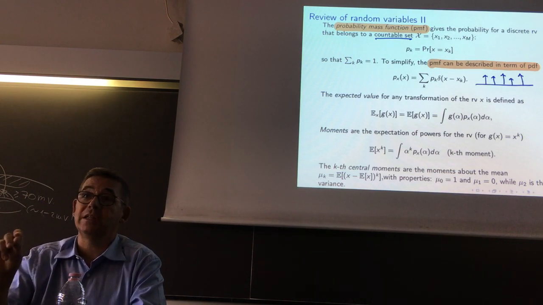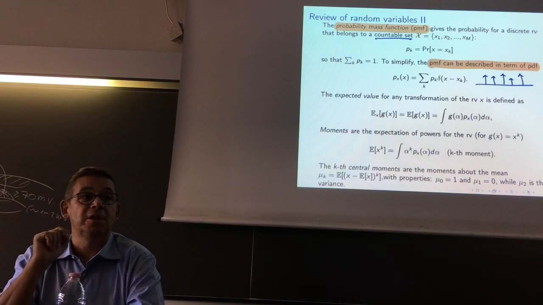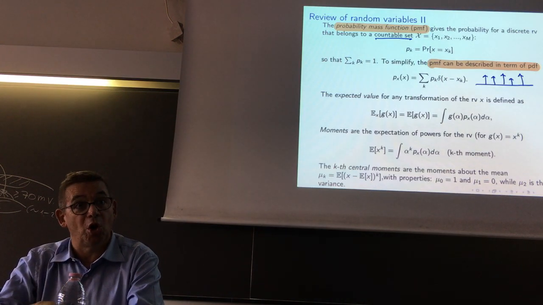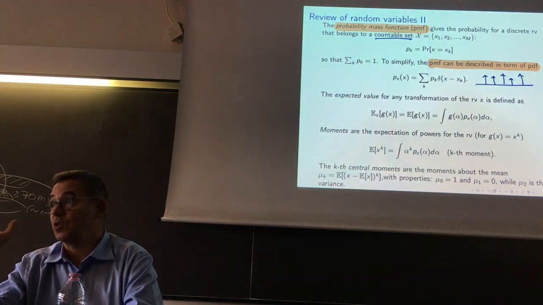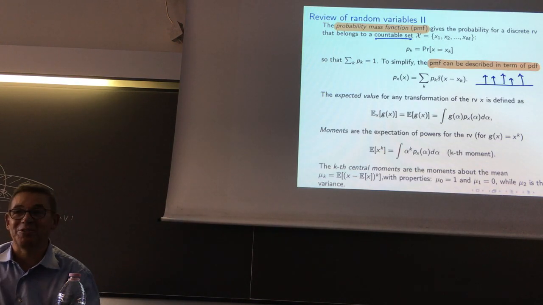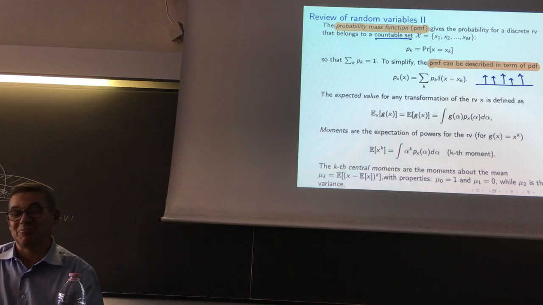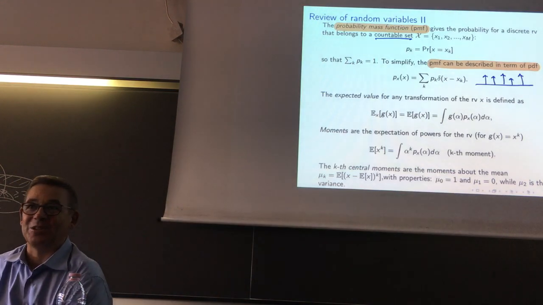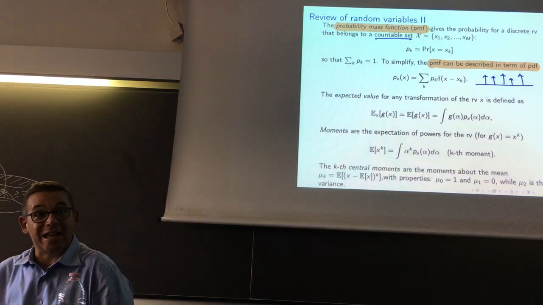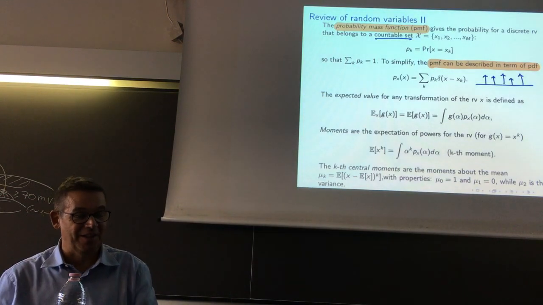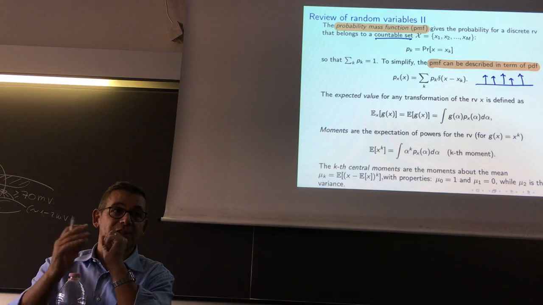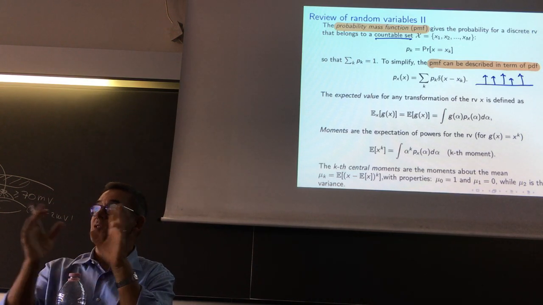If I randomly pick one person, what is the probability that this person is called Mario Rossi? Mario Rossi, for the foreigners, is a very common name. Mario is common and Rossi is slightly less common now, but if you count how many people have the last name Rossi in Italy, I think it's one of the top.